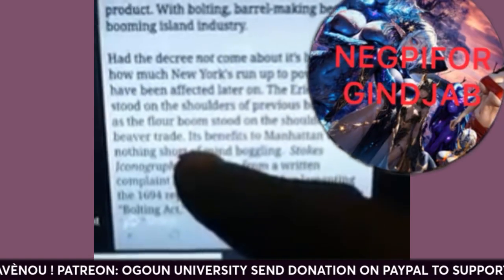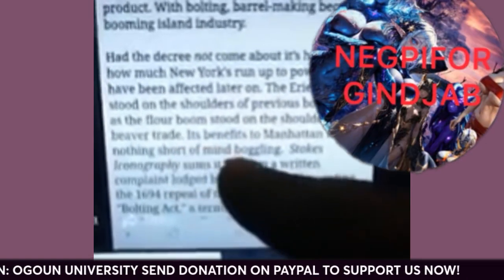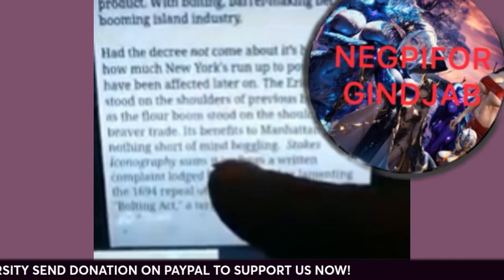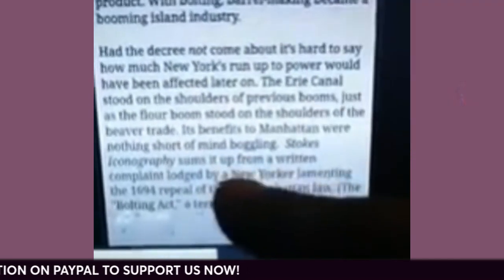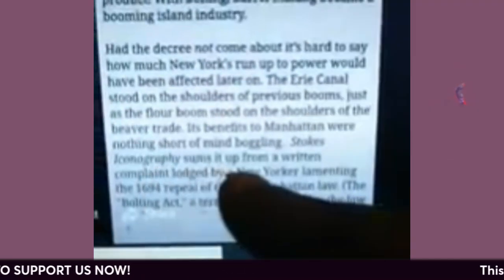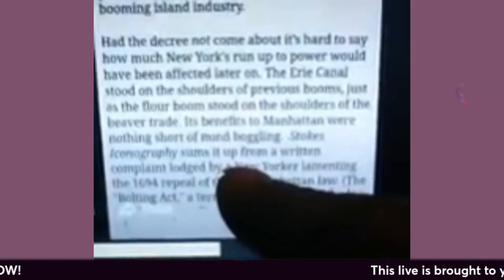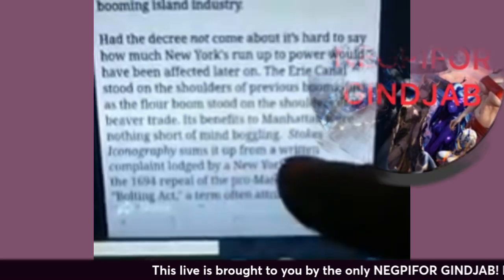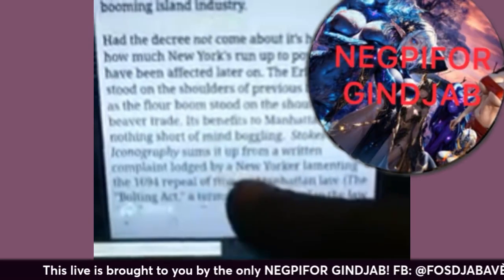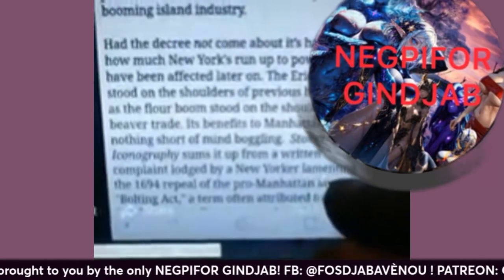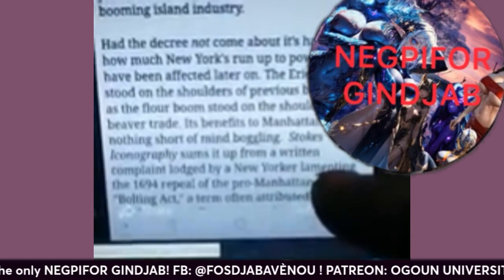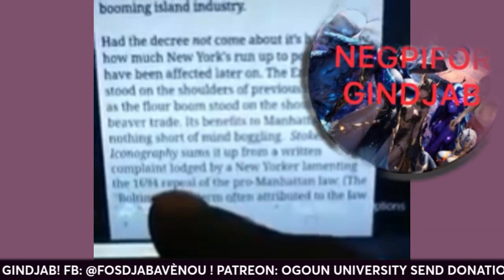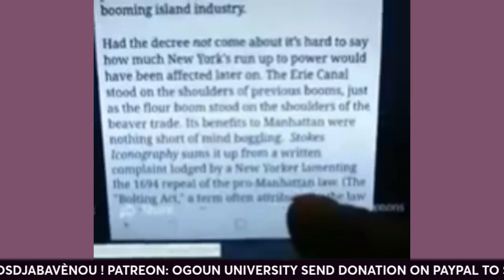It's showing you the three tiers. That's two. Its benefits to Manhattan were nothing short of mind-boggling. Stokes' iconography sums it up. So they're telling me that I'm seeing it all right here in the images. Sums it up from a written complaint lodged by a New Yorker grieving, complaining about the 1694 repeal of the pro-Manhattan law.